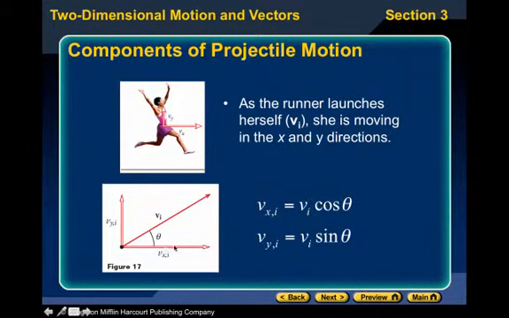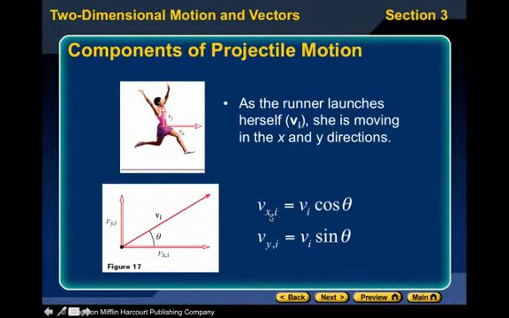We're going to have an x component and a y component. So you notice the notation here. We have Vx initial, so the x initial direction and the y initial direction. And if we're given her initial speed at an angle, then we can find the x and the y initial speeds.